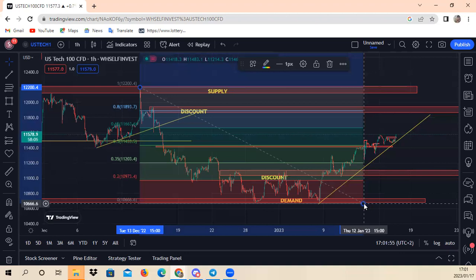So in terms of goals, I look at a setup, I look at NAS. These days I'm usually just trading US tech. When I was beginning, I used to trade every single thing, like GBP, USD, German 30.